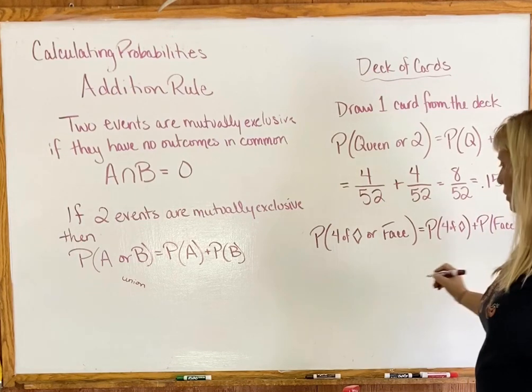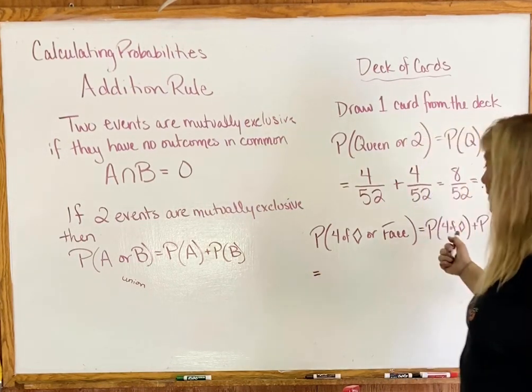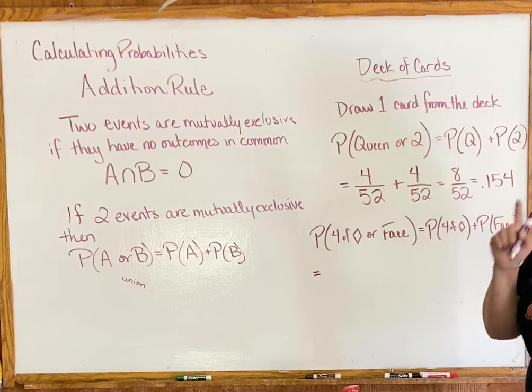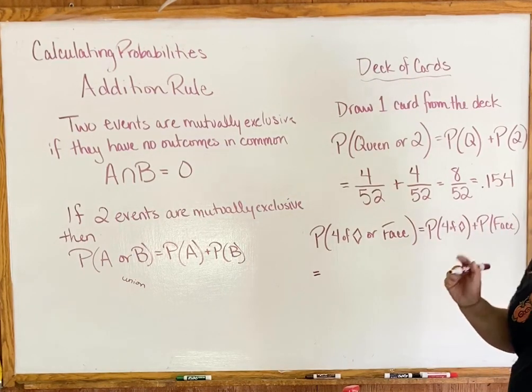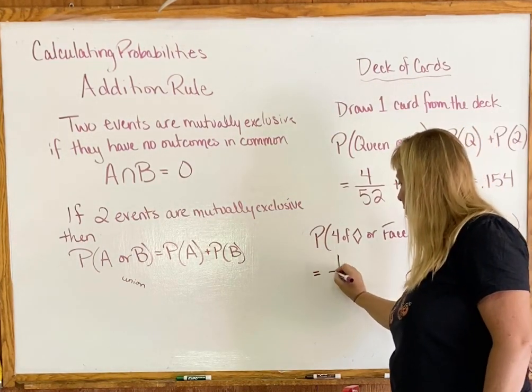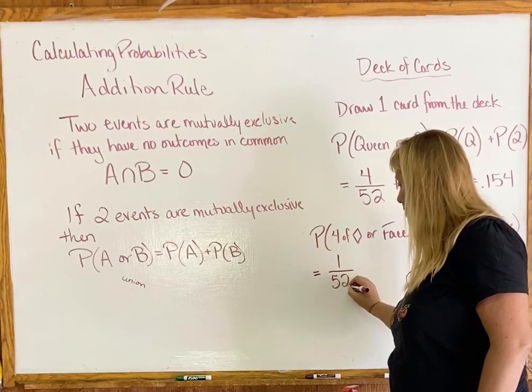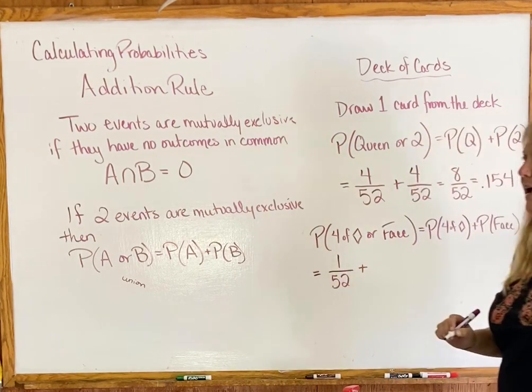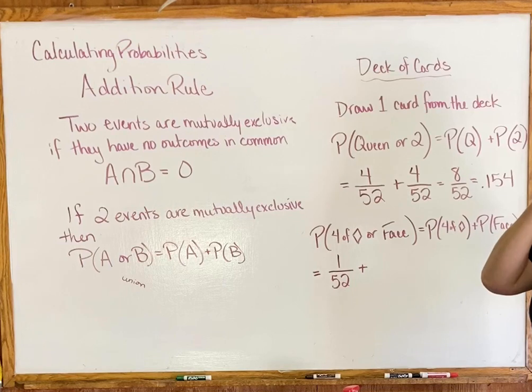Okay, so now I'm being very specific here. I want the 4 of diamonds. So that's one card, right? One card out of the whole deck. So there's one 4 of diamonds out of the total 52. Now we have to remember about face cards. So remember that the king, queen, and jack are the ones that are face cards, and there are 4 of each.